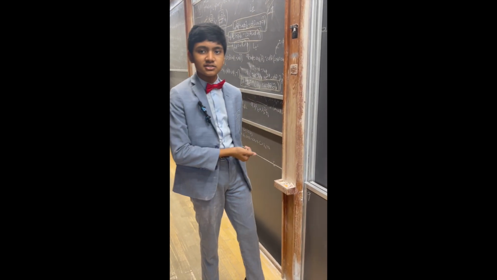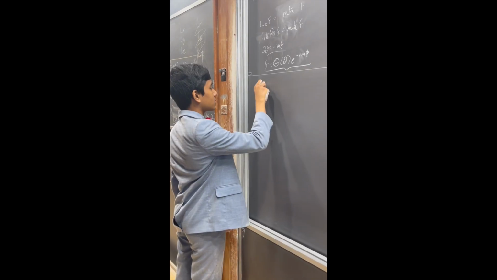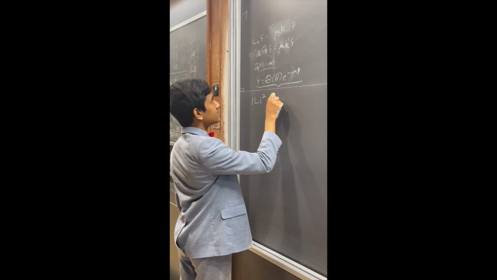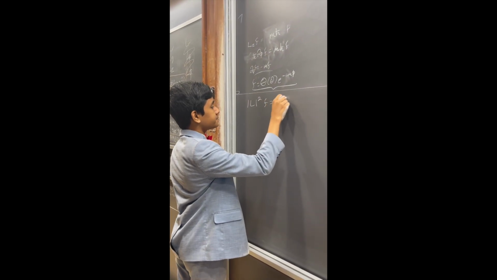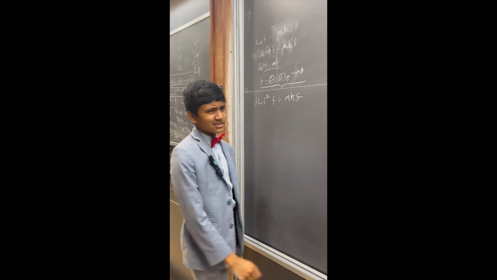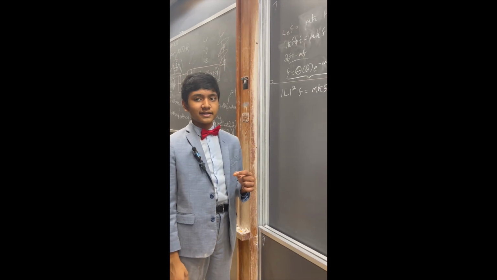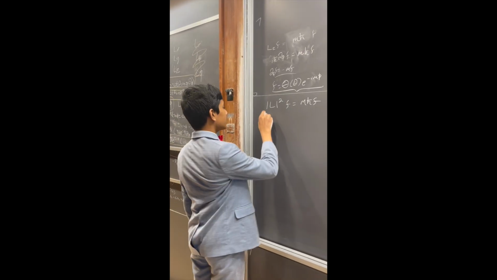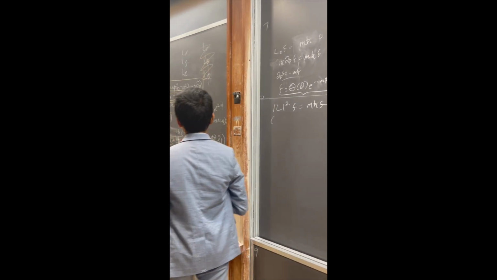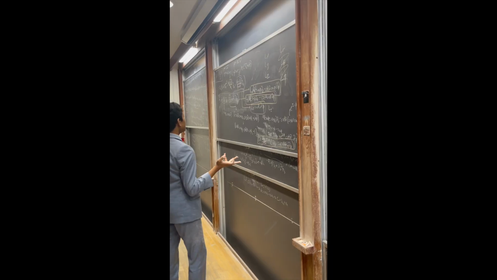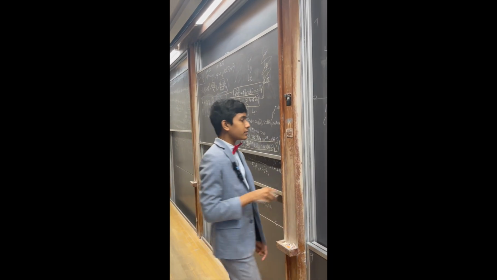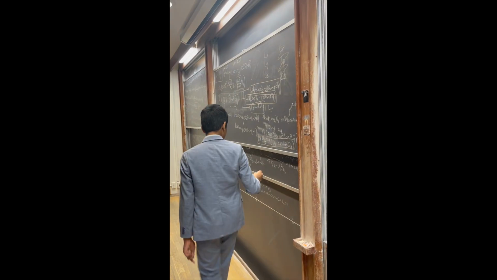Quantum mechanics loves us. It already knows what we're going to do. L squared f is equal to m h bar f. Things get just slightly more complicated. We're going to take a page out of the book of whatever was here prior. Where was it? Where was it?